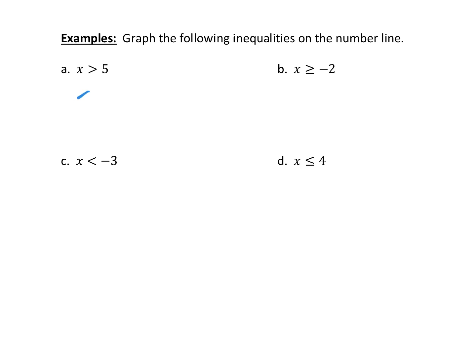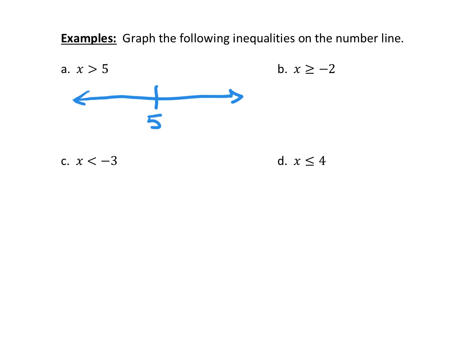So if we start with x is greater than 5, we have our number line. And again, you can either plot 5 precisely, or if you want, we just want a tick mark and we want to label it as 5. I am okay with this.